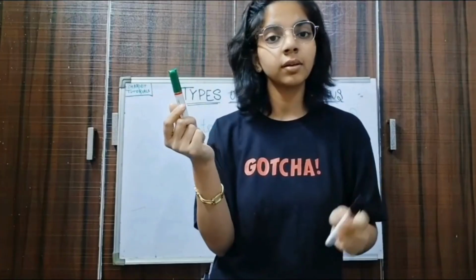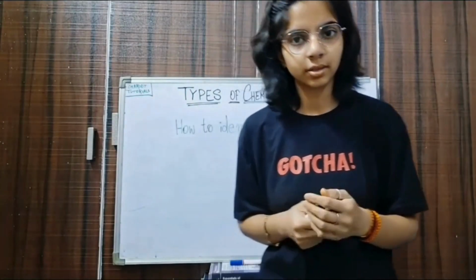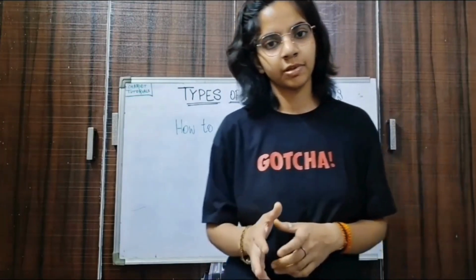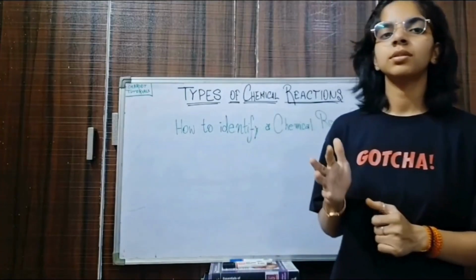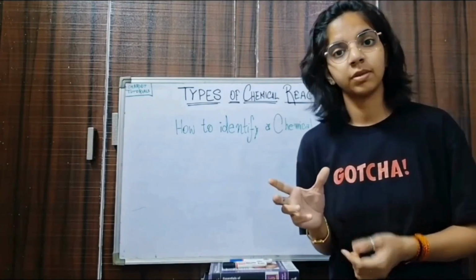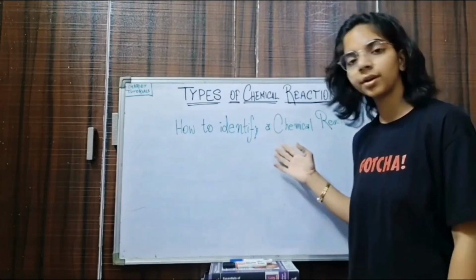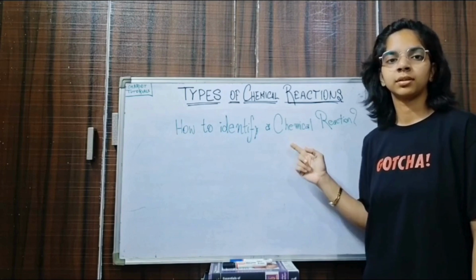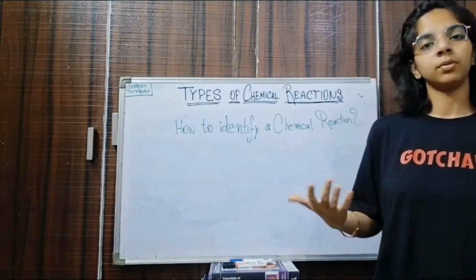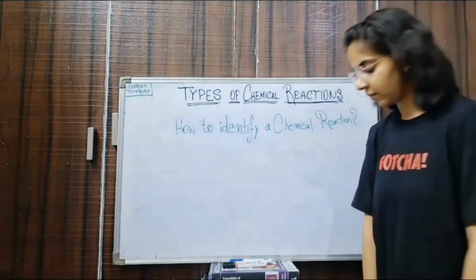By the change of the color, right? So all these changes are visible whenever any chemical reaction takes place. So now we are going to see how we can identify whether a chemical reaction has taken place or not. So how to identify a chemical reaction? This is totally based on the physical changes that are visible to us.